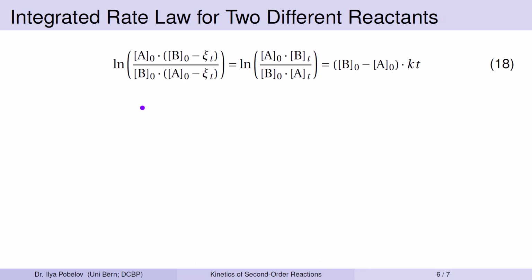The integrated rate law for a second-order reaction involving two different reactants, A and B, is presented here. This equation is key to determining the progress of such a reaction. It equates the natural logarithm of a ratio involving the initial and current concentrations of A and B to the product of the difference in their initial concentrations, the rate constant, and time.